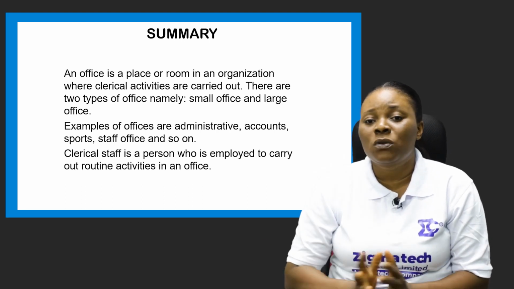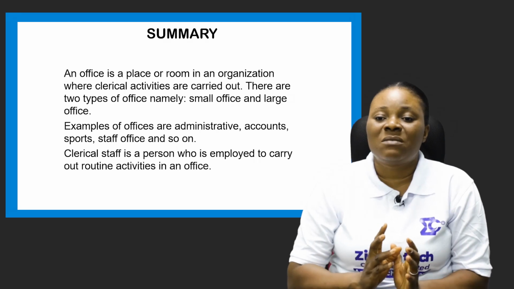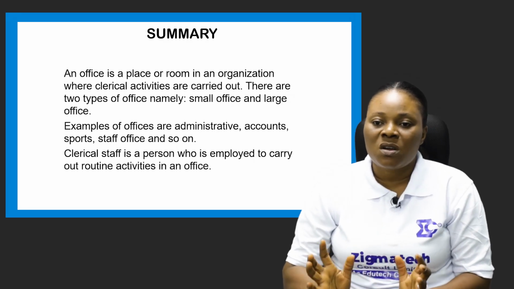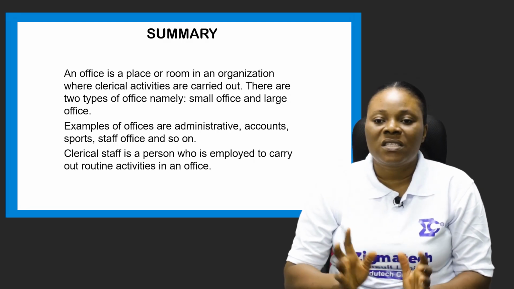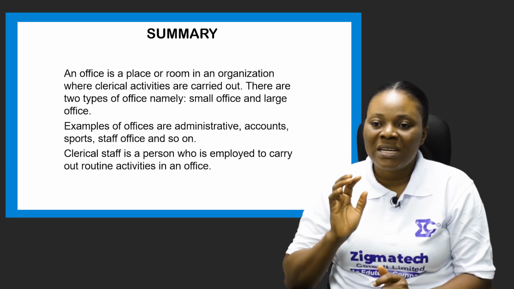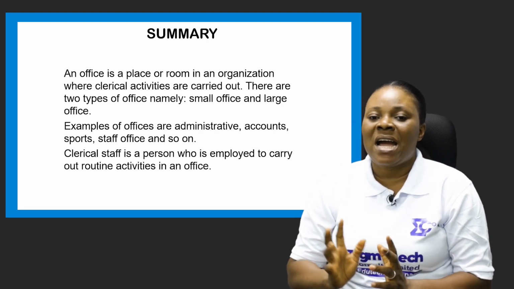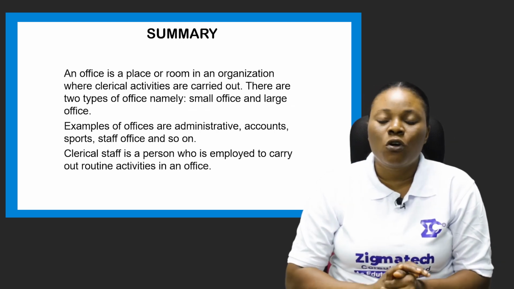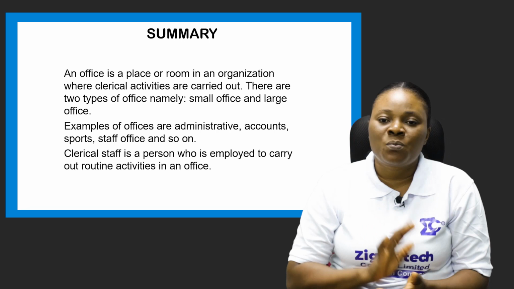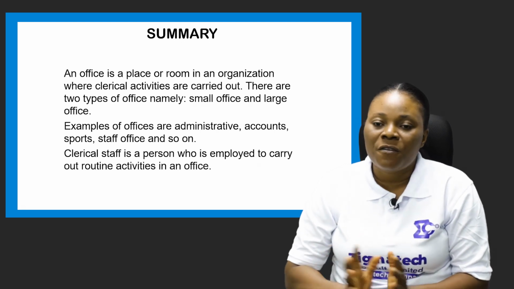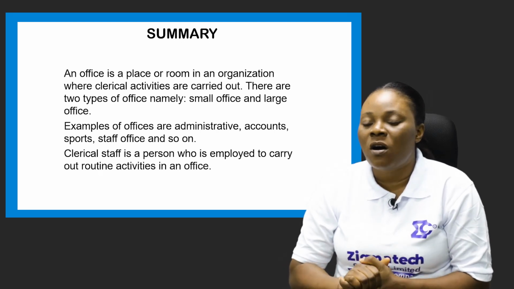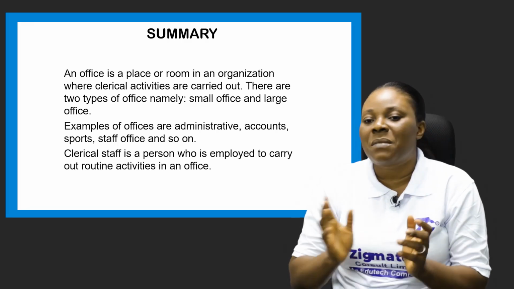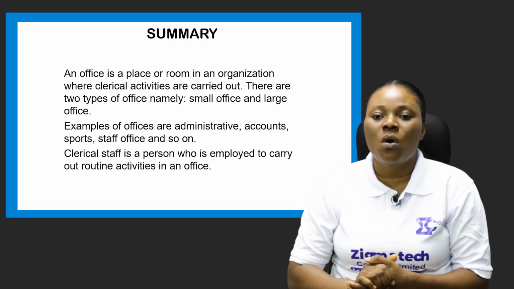Examples are the administrative office, which is considered to be the nerve center of every establishment; the accounts office in charge of managing the inflow and the outflow of money; the sports office, the staff office, the guidance and counseling office, the director's office, manager's office, and so on.